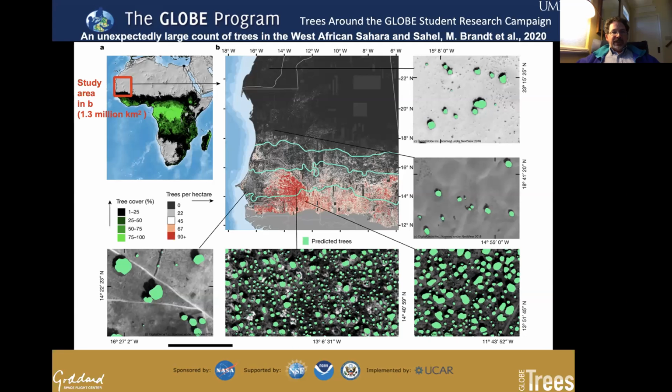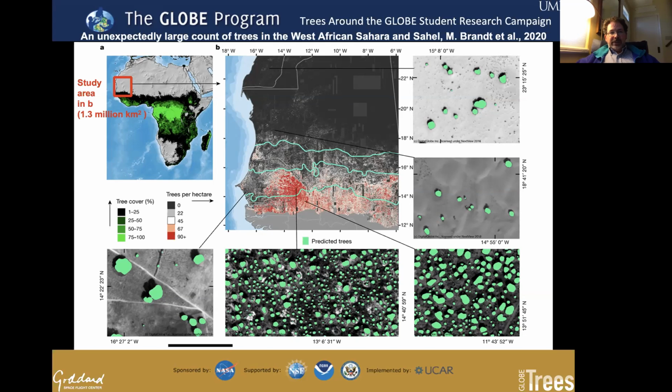So there in West Africa is the red box, which is shown in more detail with some tree density data plotted on top of it, and the different climate zones from arid to subhumid, getting close to the tropical rainforest areas that are shown in the upper left panel as bright green and darker green areas.